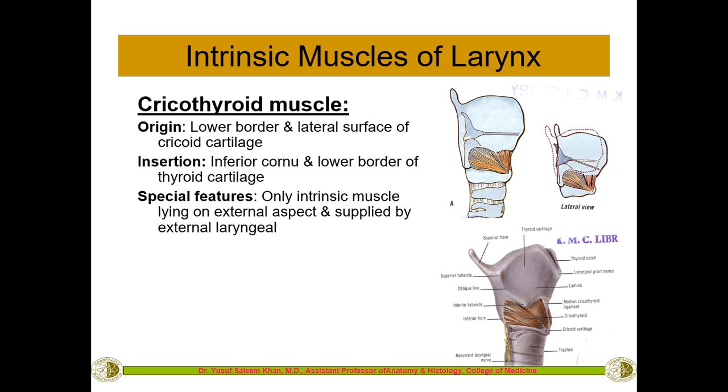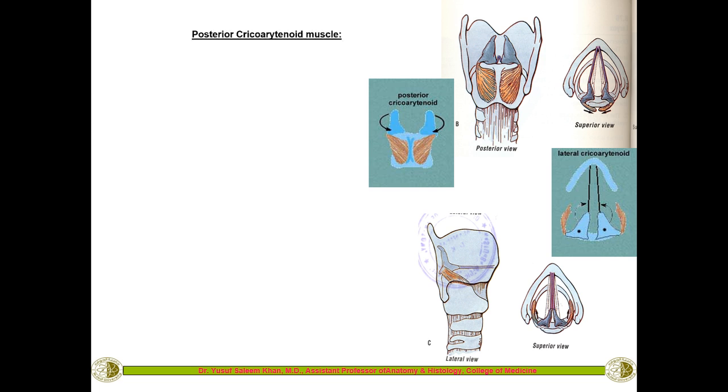We'll discuss that later. What is the action? It tenses the vocal ligaments and closes the glottis. This is almost the same for all the muscles except one. We'll discuss that later. Okay, so it tenses the vocal ligaments and closes the glottis.